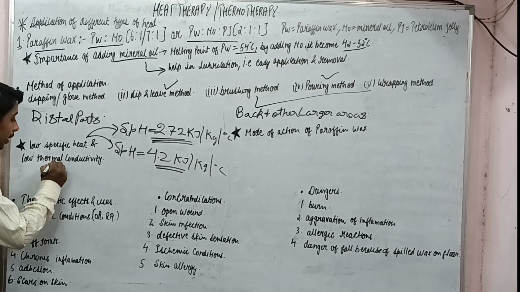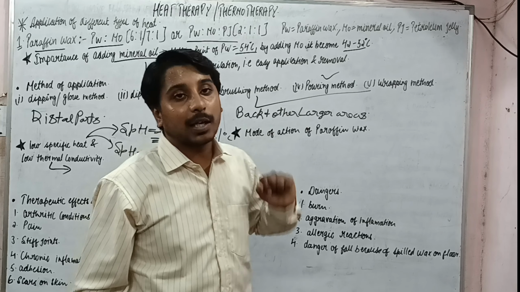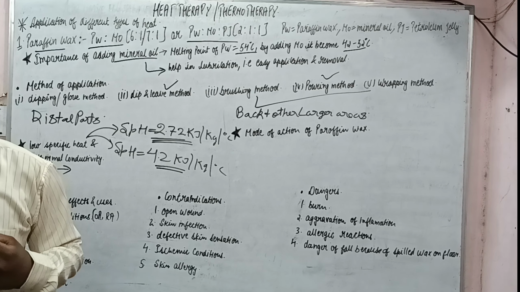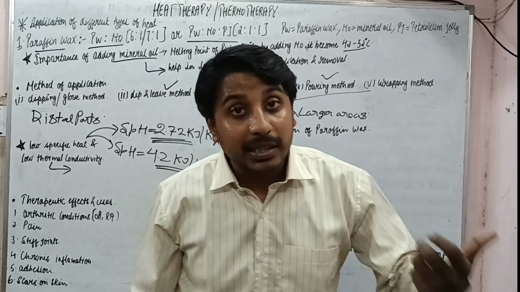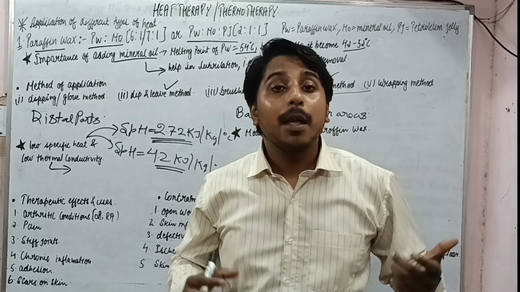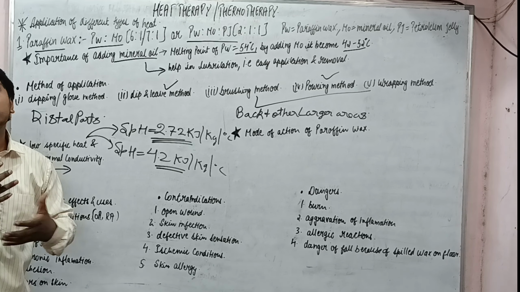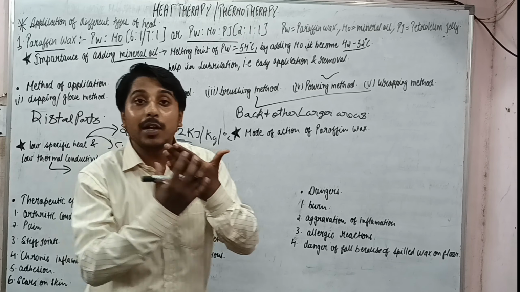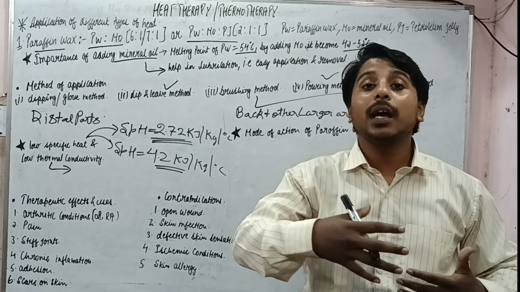Another important thing is the thermal conductivity. Why? Because in all these methods, the layer of paraffin wax is 2 to 3 mm. Do you think that a lot of heat can be stored in the paraffin wax when we have wrapped it? Because the paraffin wax will easily lose all the heat. Then how is the heating produced? It has low thermal conductivity, which means it will act as an insulating agent between the body surface and the environment.